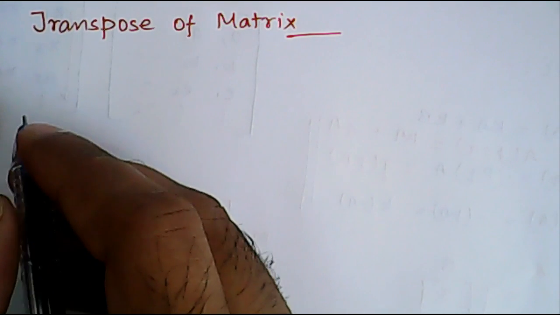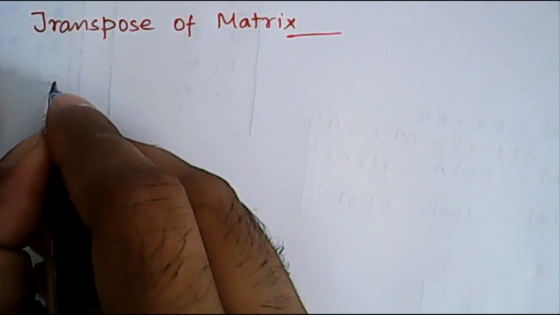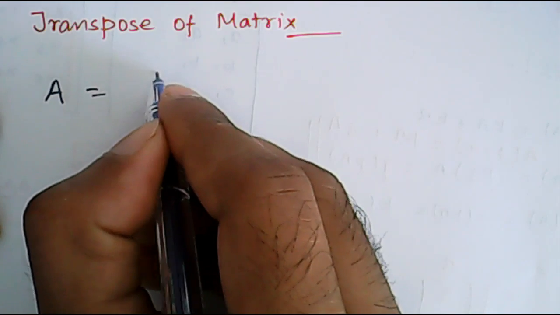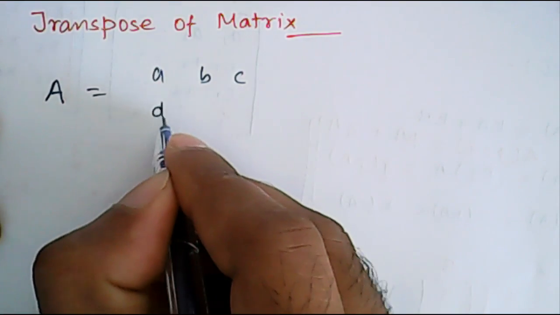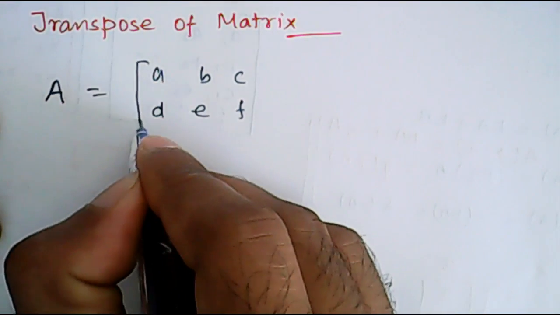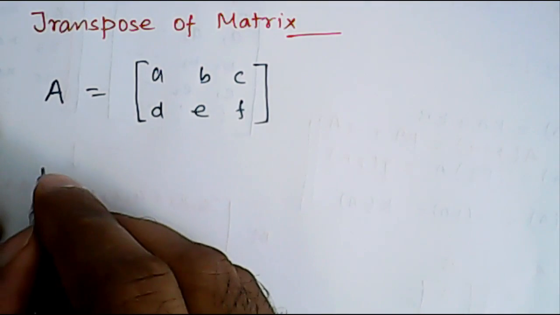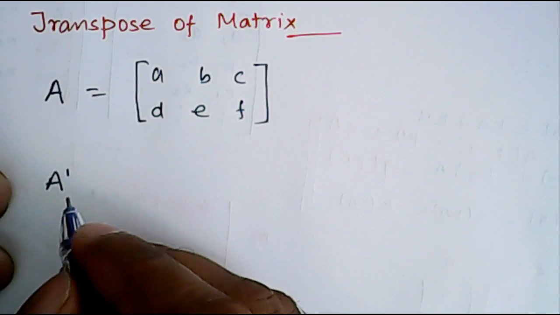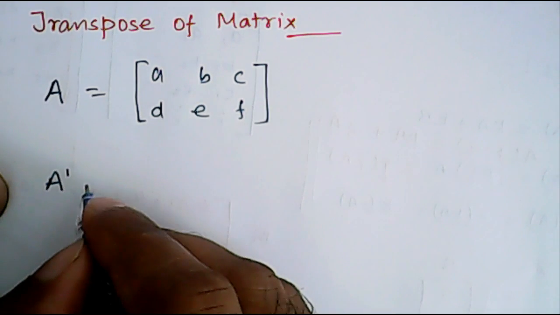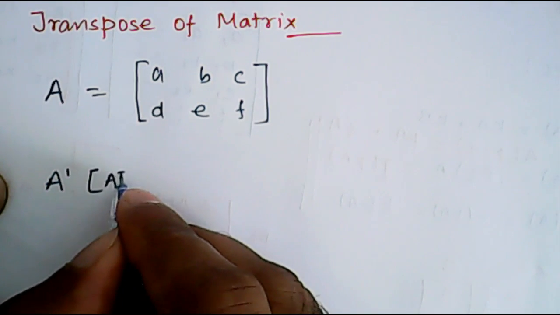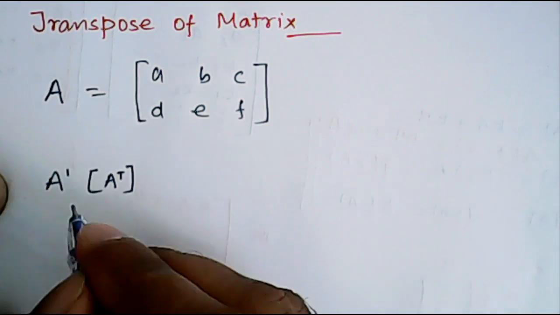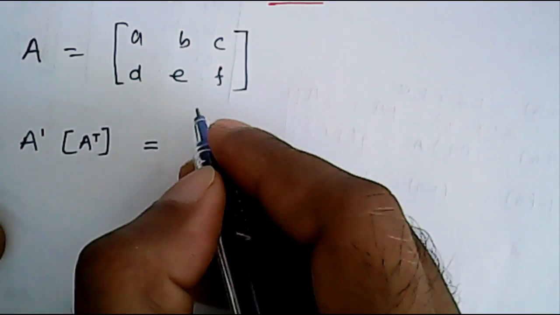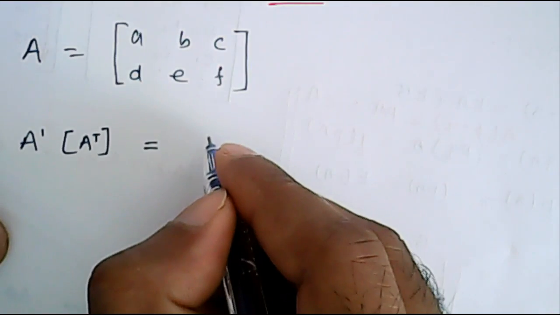What I want to say here is, for a matrix A, if you consider its rows as A, B, C and D, E, F, then the transpose of matrix A, which is represented by A dashed or A T, is equal to just a change.